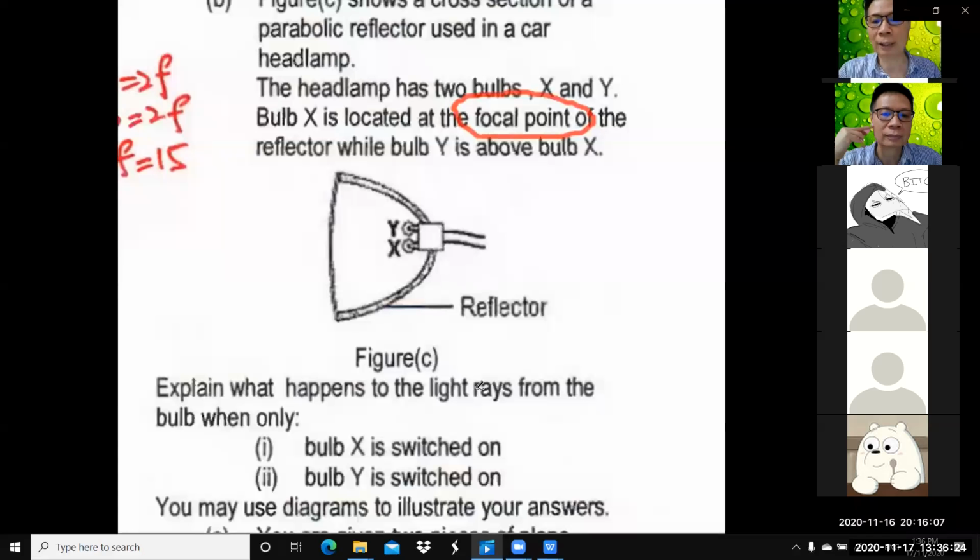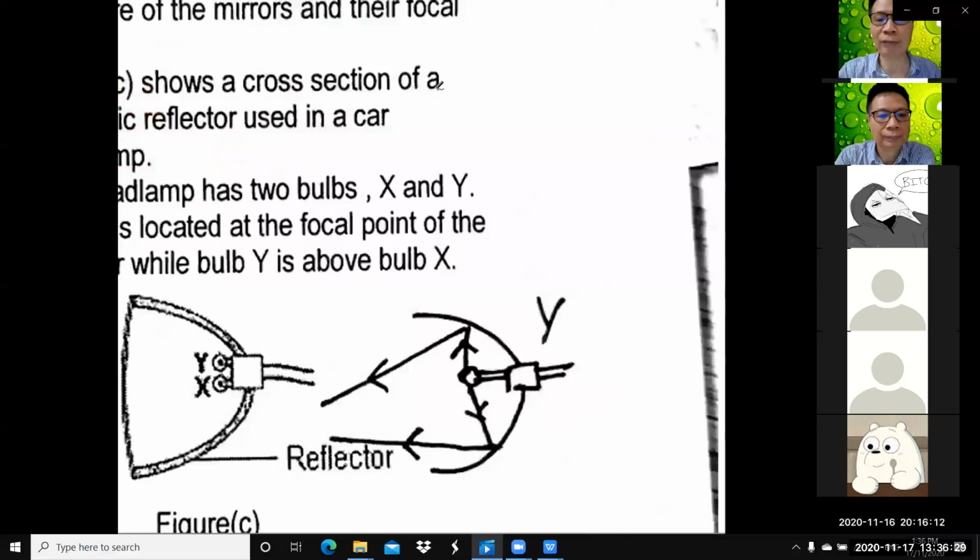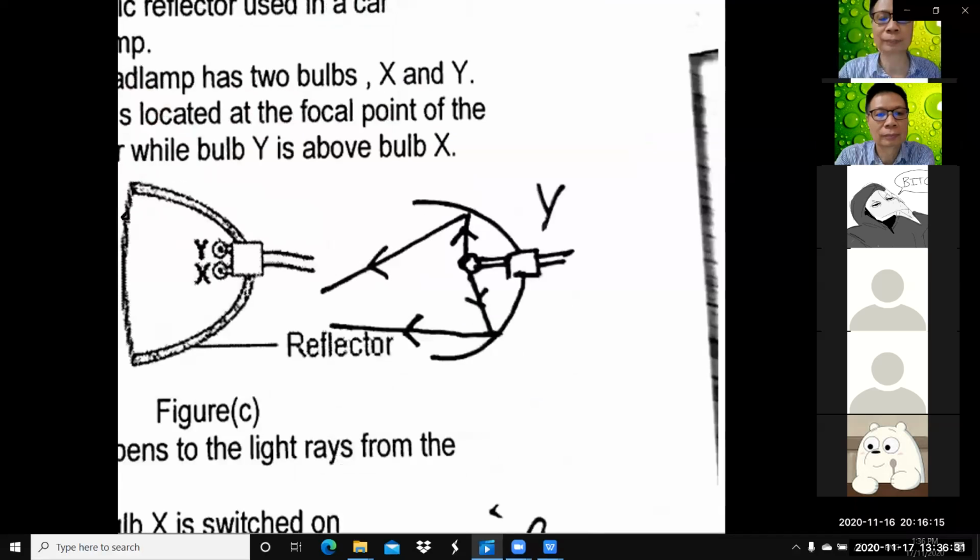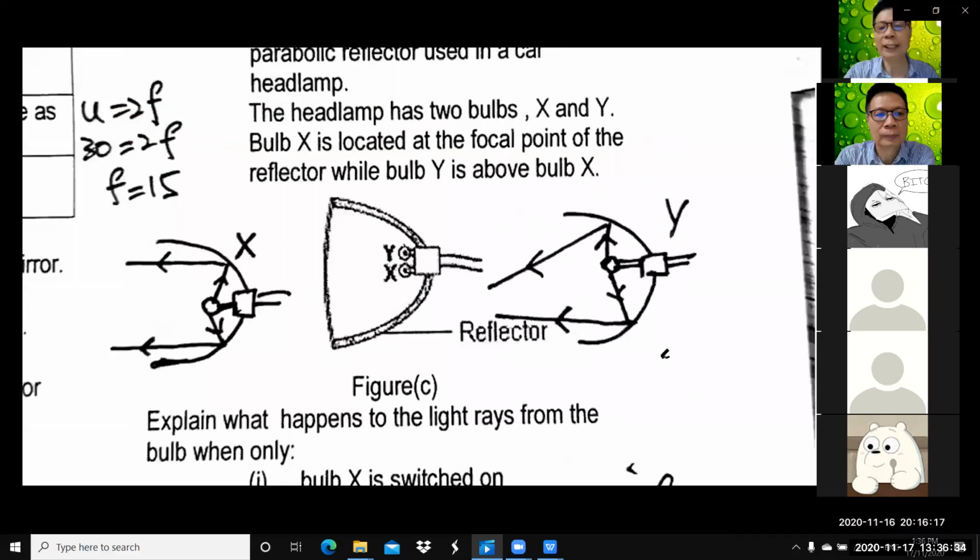What happened to the light from the bulb when X is switched on? Okay, come, I show you the diagram first. See here now. This one is bulb X, this one is bulb Y. Because bulb X is located at the focal point, the light will be reflected horizontally, because this one is focal point F. Light from the focal point will reflect horizontally.